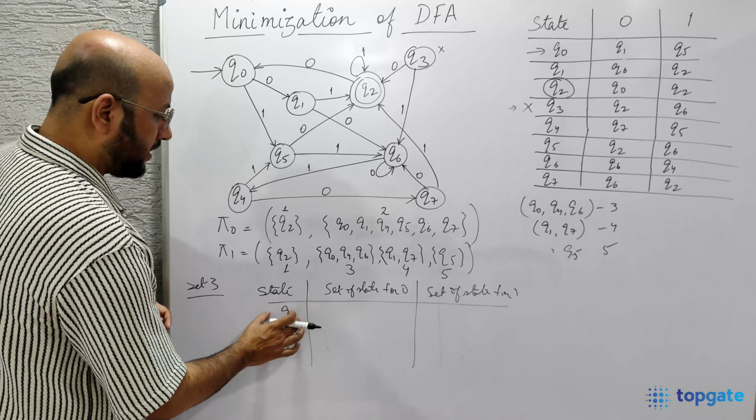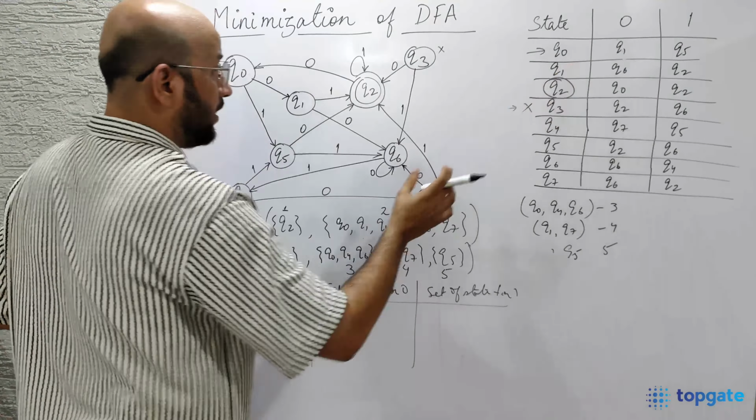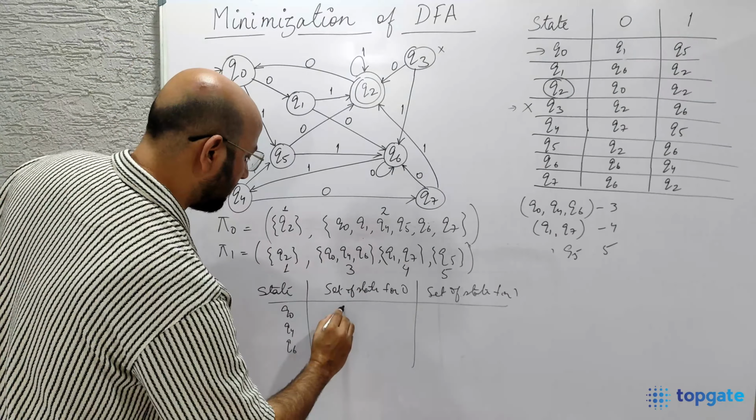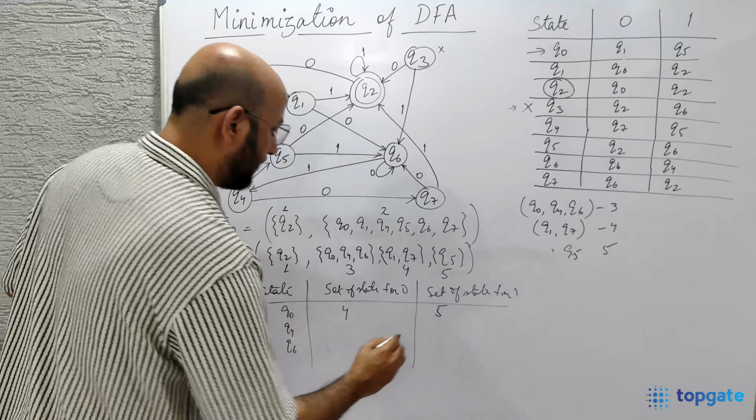Okay, now q0 for 0, I'm getting q1. Now this q1, I'll check in pi 1, because pi 0 is obsolete now. Pi 0's set number 2 is gone. We have got 3, 4, and 5. So now I'll look into pi 1. For q0, I'm getting q1 and q5. So q1 is set number 4, and q5 is set number 5.